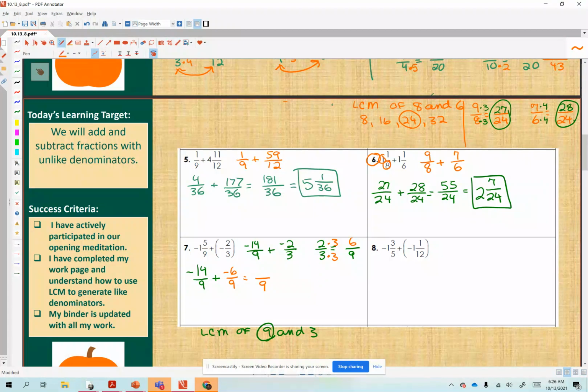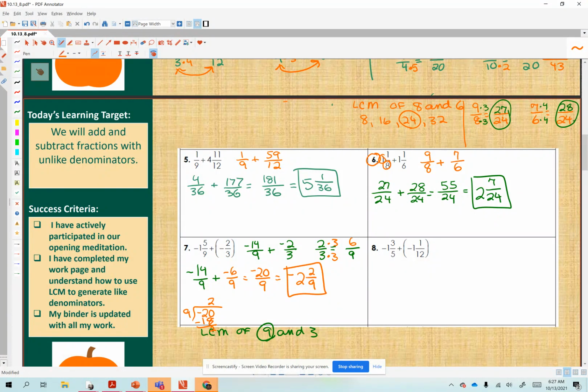Negative 14 plus negative 6 is negative 20. When we divide negative 20 by 9, it goes in there 2 times with 2 left over, which will give us negative 2 and 2/9.